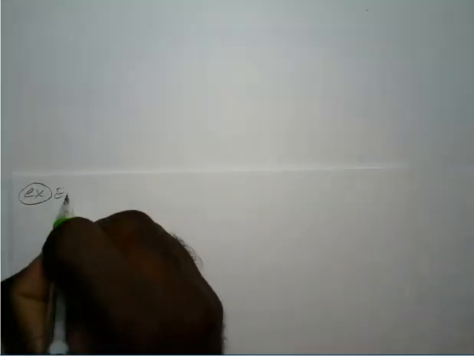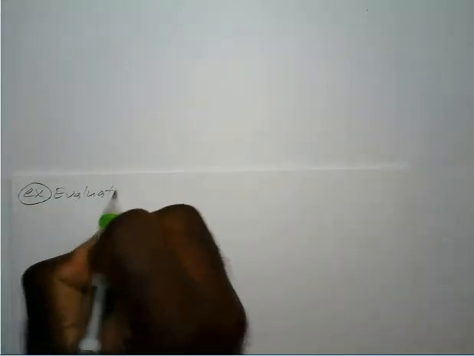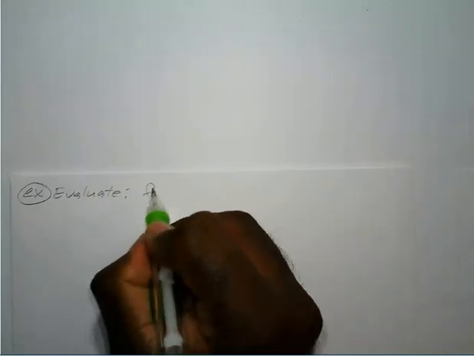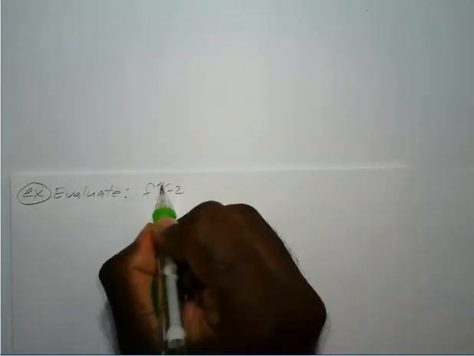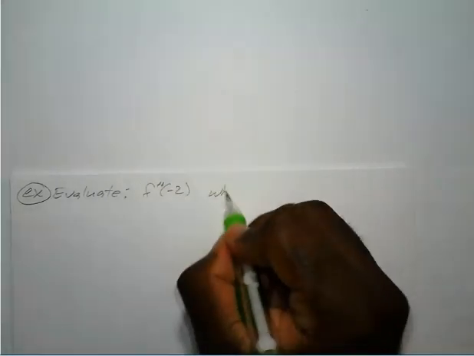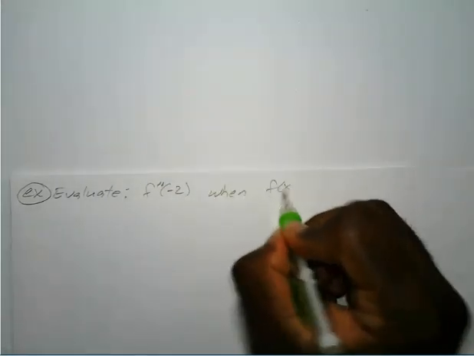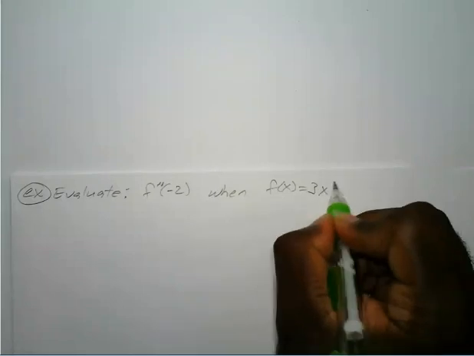Alright, so what if you want to evaluate the second derivative at x equals negative 2 when f of x is equal to 3x to the 5th power.